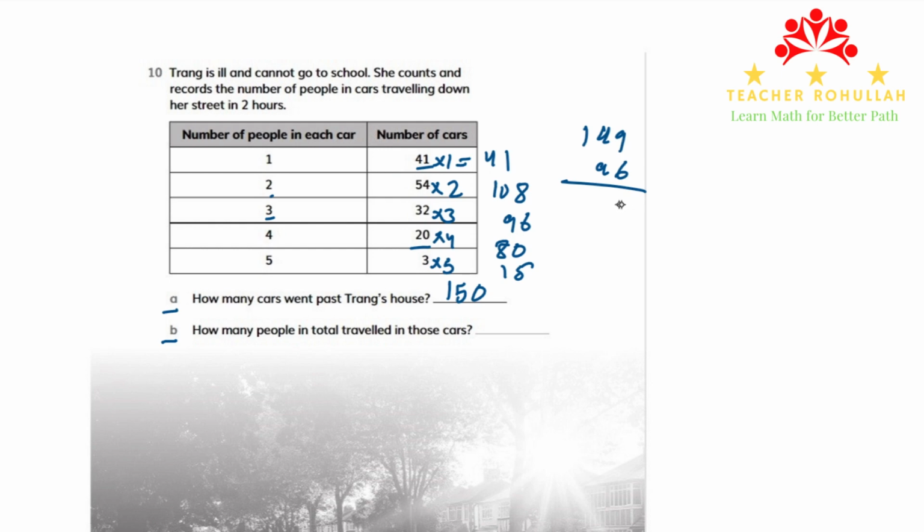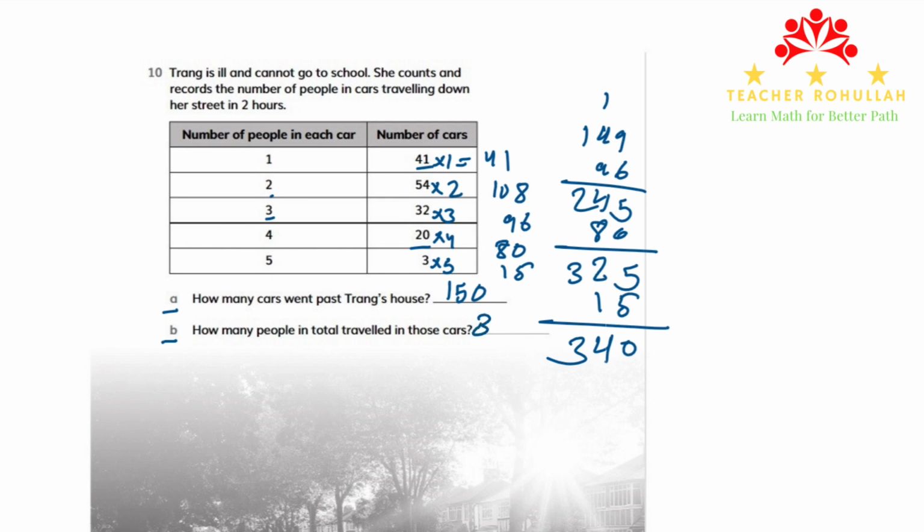So 9 plus 6 is 15. 1 we carry here. 4 plus 9 is 13, 14. 245. 245 plus 80 is 325. Plus 15 is 340. A total of 340 people passed through Trang's house.